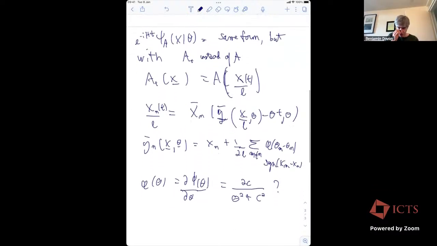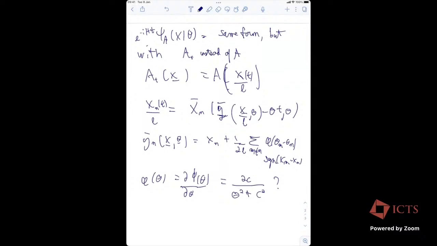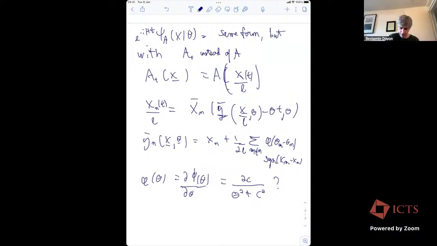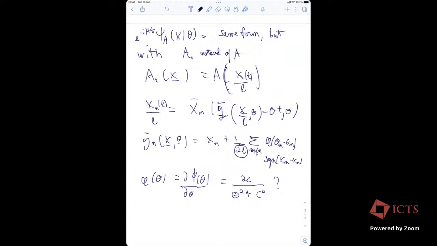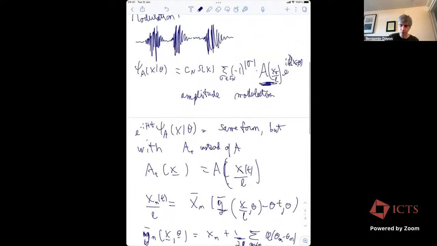Go ahead. Is the 1 over 2L there? Yes, in my original thing I did not have an L. Now I've put an L, and that's because my modulation has coordinates which are modulated by some large scale.